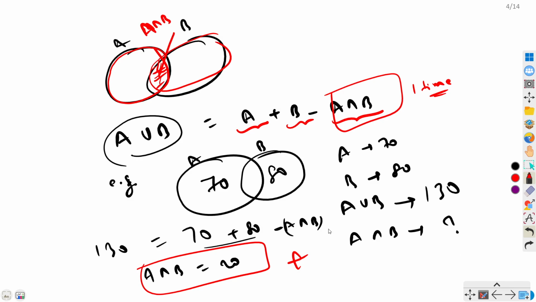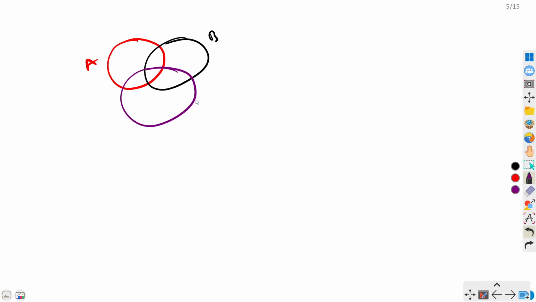Let us extend this to 3 sets as well. What happens if there are 3 sets? Let's say A, B, and C. Now suppose someone asks you the total number of people, A union B union C. How will you find it? Let us first denote the portions.